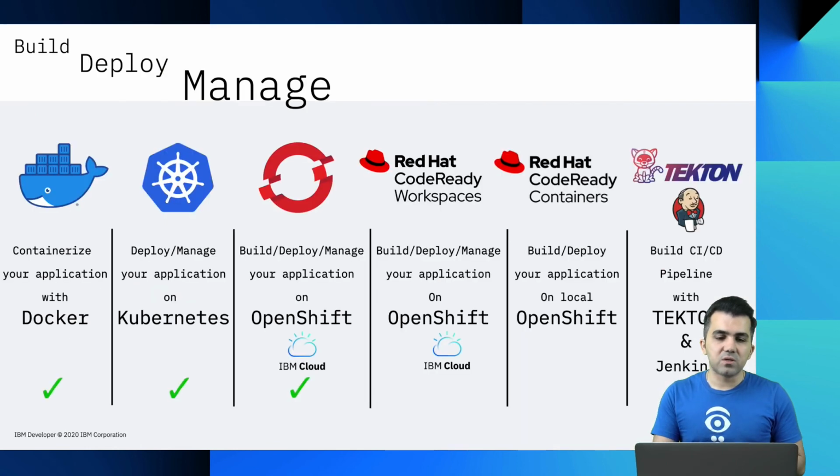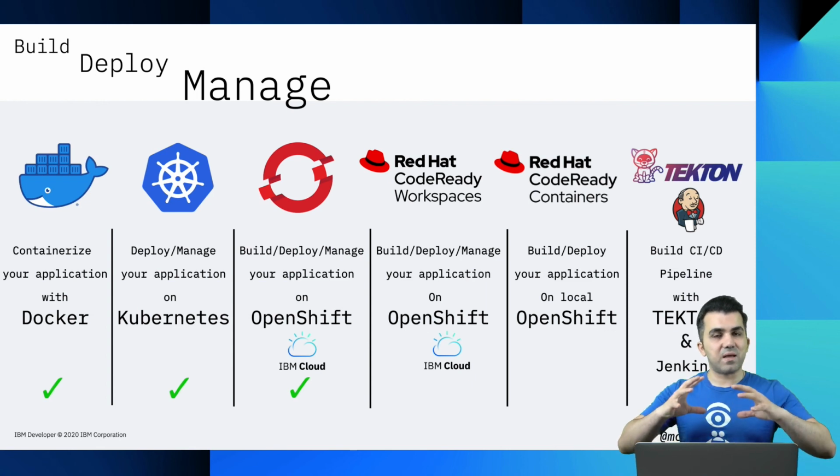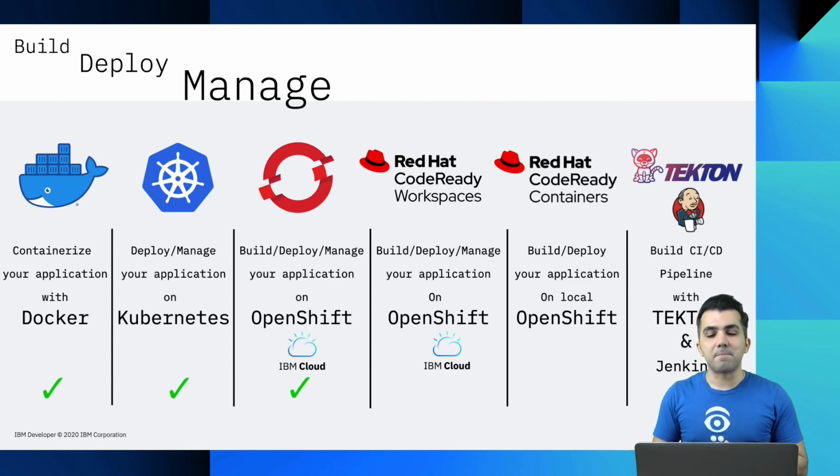So in this next section, we are going to look at Code Ready Workspaces, and Code Ready Workspaces is one of those really interesting features of OpenShift, as you will see. We are going to use an in-browser IDE to write our code and deploy it. We don't even need to go to our GitHub anymore, so you can do everything from there.